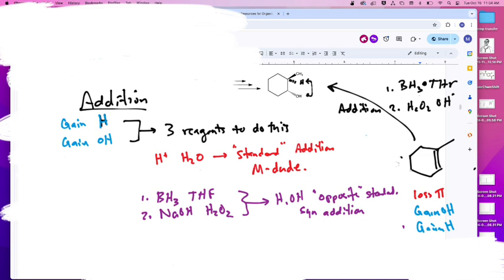So what did I do? I said that 3rd reagent was HgOAc, in an alcohol or water. In this case, we want water, followed by sodium borohydride, officially Hg(OAc)2. These are the 3 reagents that add H and OH across a pi bond.